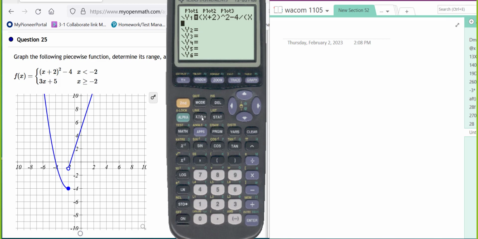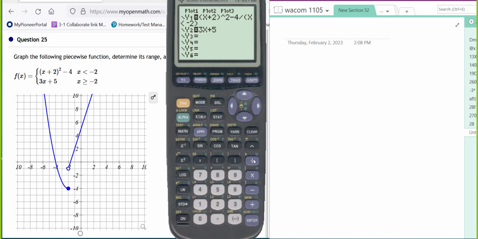So we're going to do x. Your conditions are under the test menu. So you're going to do second test, so it's really the math then. And I need less than, plain less than, which is number 5. And then I want -2, close. And I'm going to put the other function in, so I'll do a down arrow, or I could do it equals. All right, 3x plus 5, so that one's a line.